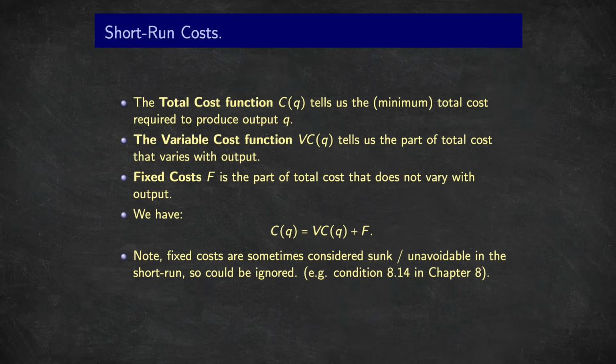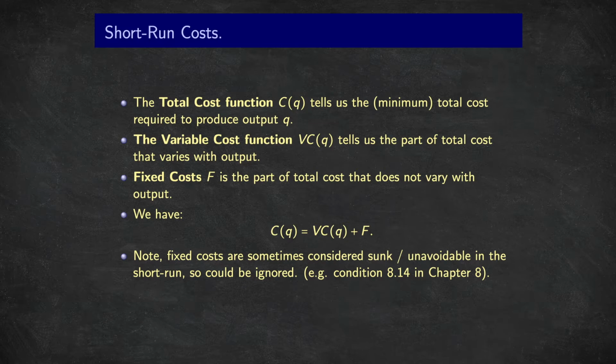In this lecture, we're going to use the mathematical device called a total cost function. We'll denote this capital C, and it depends on output Q. So C of Q tells us the cost required in order to produce that output Q.